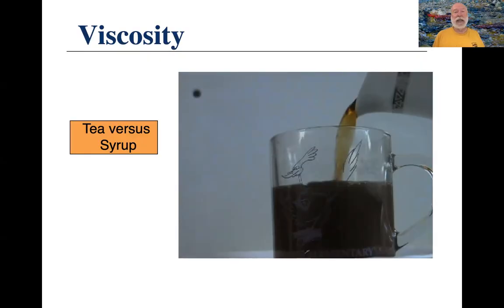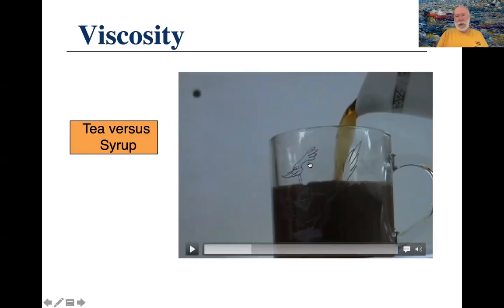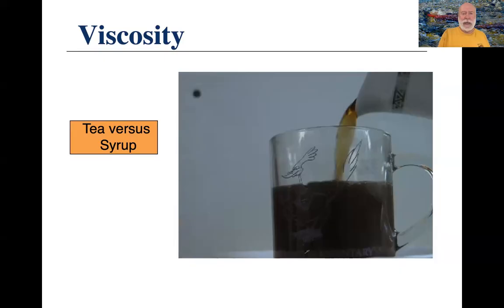But the viscosity of water also changes with temperature. Now I'm pouring some tea into that mug, and you can see how easily the water flows into the mug. That's an illustration that, at least relative to many liquids, it has a relatively low viscosity, but certainly has a higher viscosity than the air.